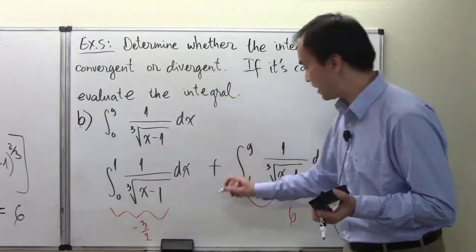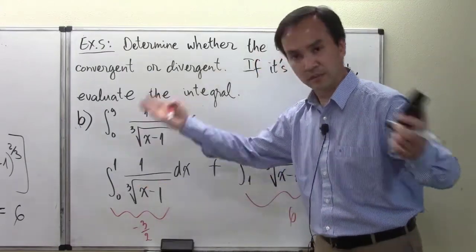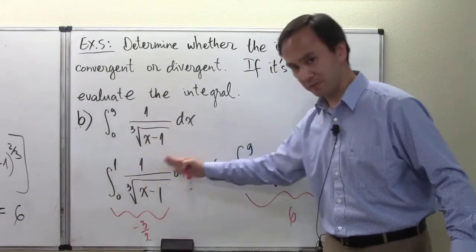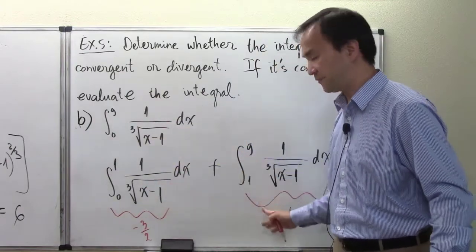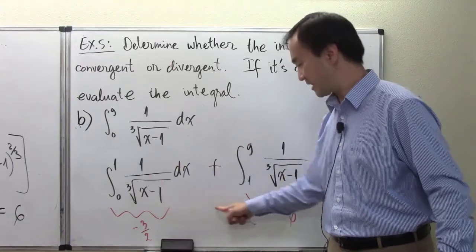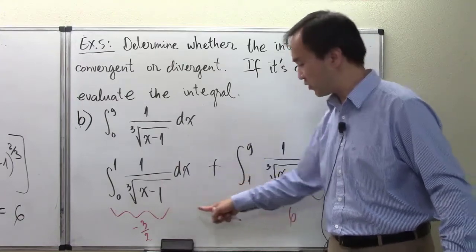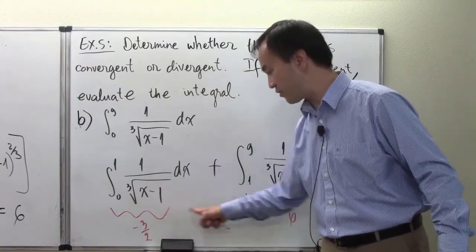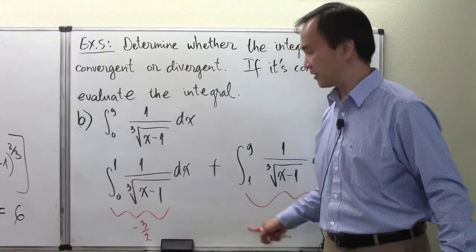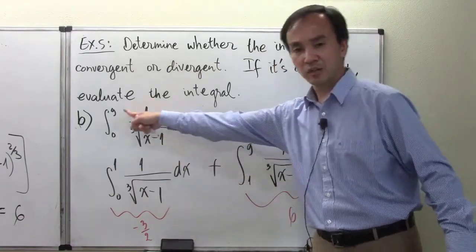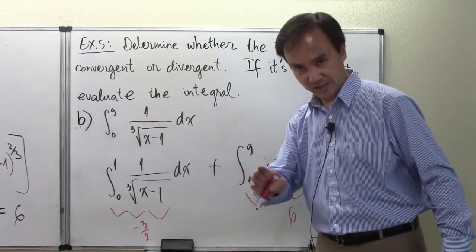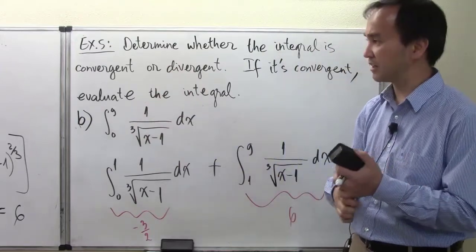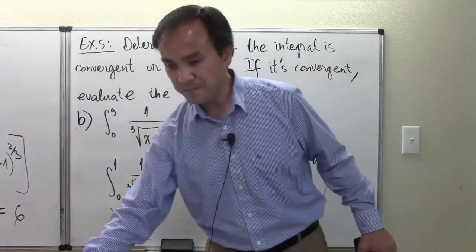The definition says that if both of these improper integrals are convergent, which gives finite values, which is the case here, then the original integral is convergent. I'm going to conclude that on the other board.